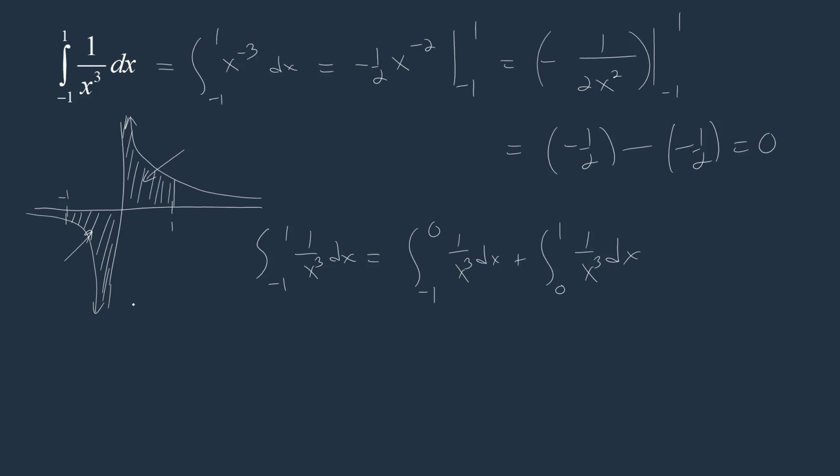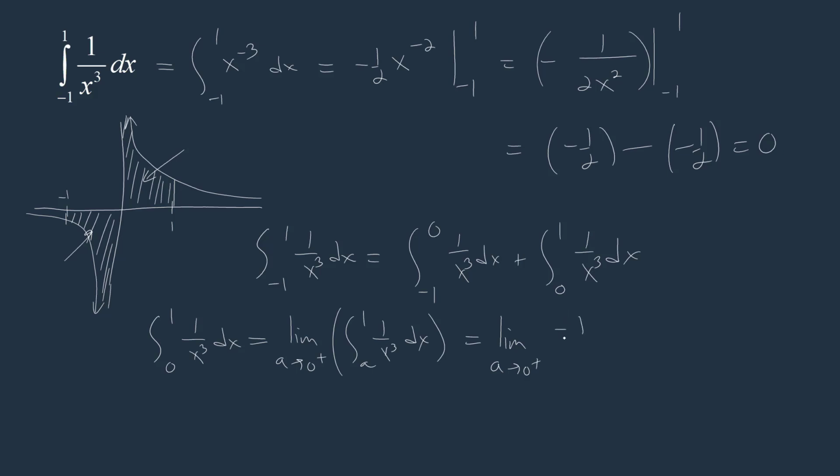So let's just look at only what if I went from 0 to 1 of 1 over x cubed dx. That is the same as the limit as a approaches 0 from the right of the integral from a to 1 of 1 over x cubed dx. And that's the same as writing the limit as a approaches 0 from the right of, well, we already know what that antiderivative is.